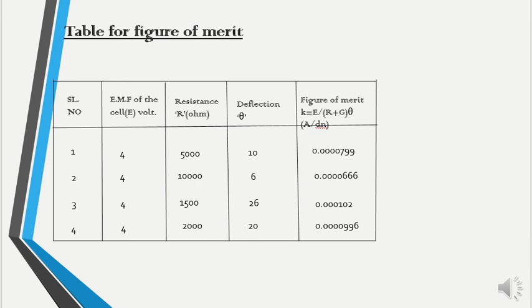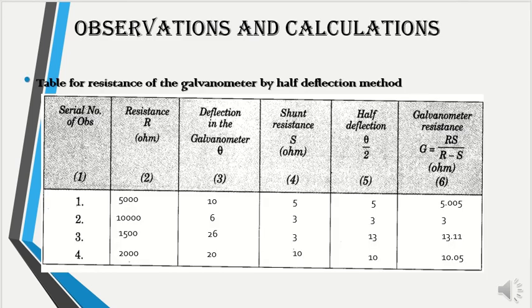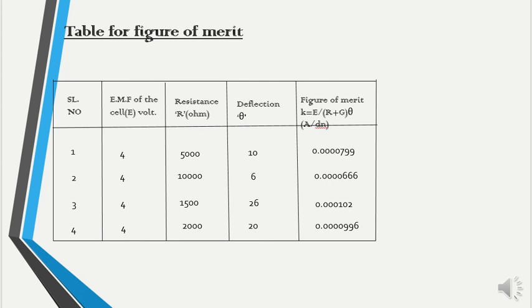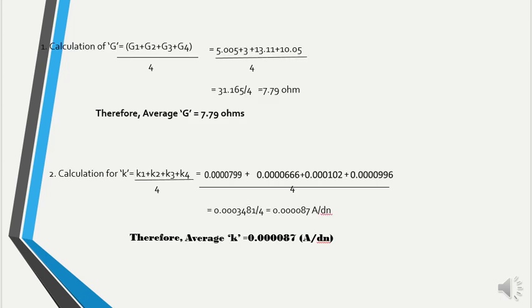For a proper result, we need the average of all of these, for both the figure of merit and the resistance. So here we have taken the average, G1 plus G2 plus G3 plus G4 divided by 4, and by calculating we got 7.79 ohm as the average galvanometer resistance.